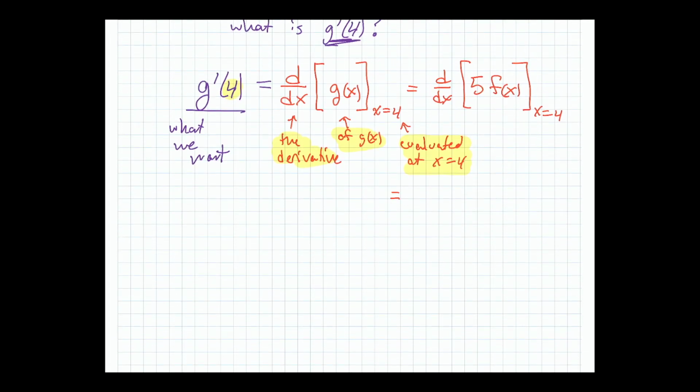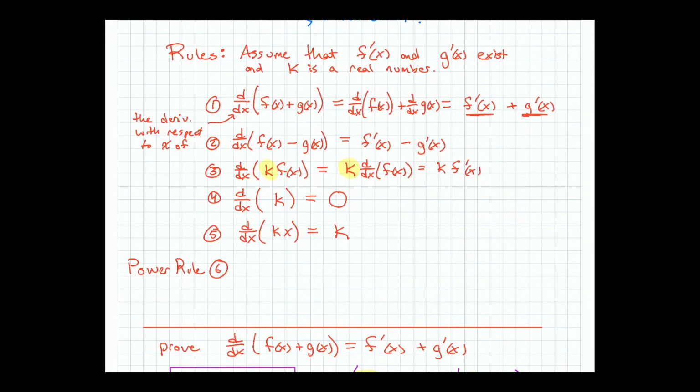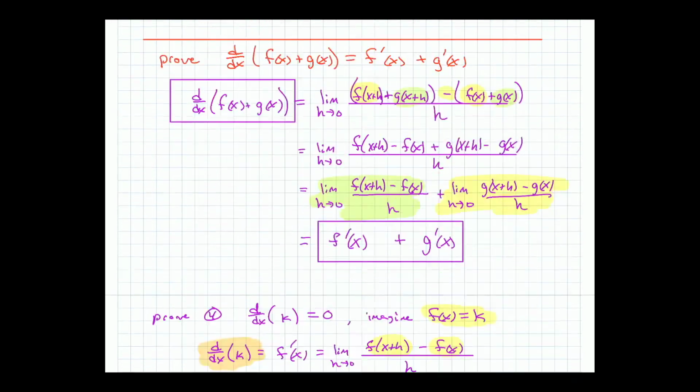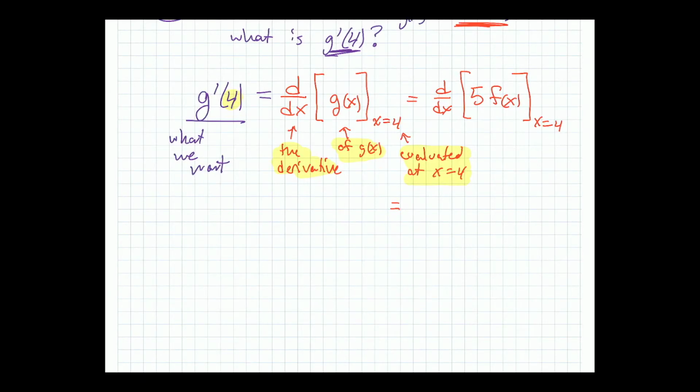Okay, but then what's the derivative of 5f of x? Remember how to do it, it's up here. When you do the derivative of a constant times a function, it's just the constant times the derivative of the function. So the derivative of 5f of x evaluated at x equals 4 is just 5f prime of x evaluated at x equals 4, or just 5f prime of 4 when you plug in the 4.